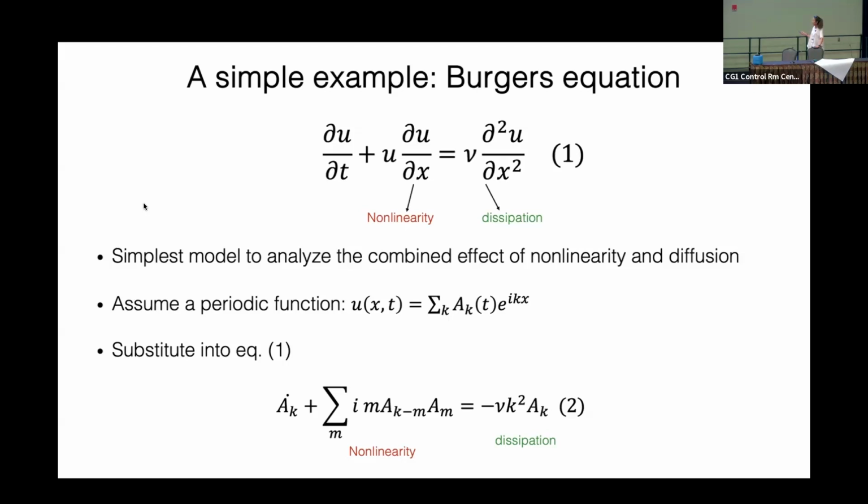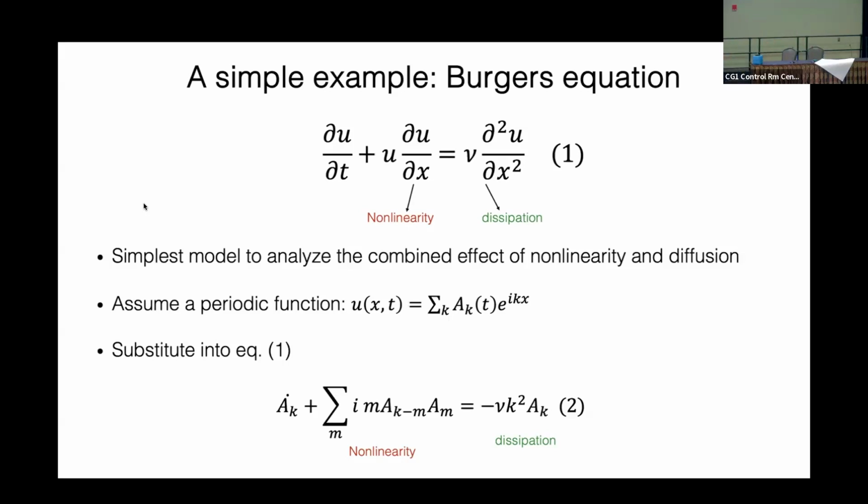Okay, so the dot here represents the time derivative. Now the trick is that the nonlinear term, when you move to Fourier space, introduces a convolution. Okay, and so this term, as you can see, involves different wave numbers, whereas dissipation acts on a given wave number.